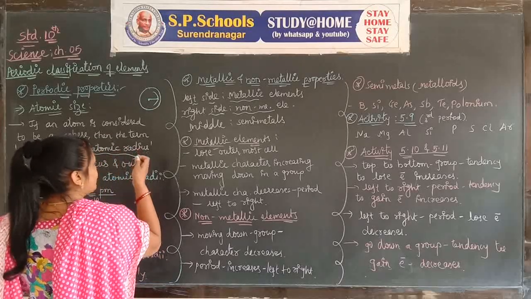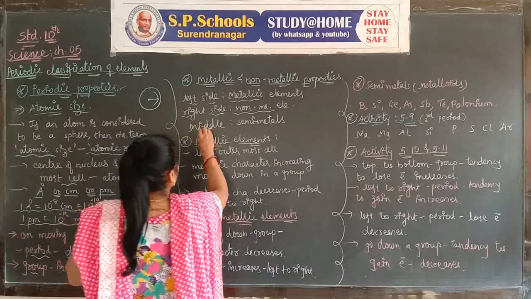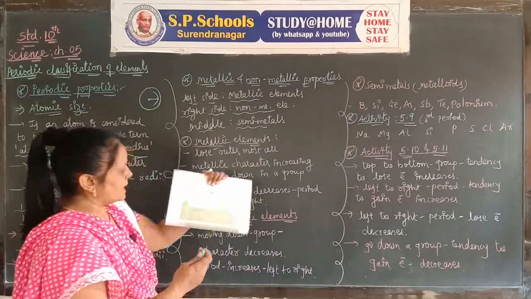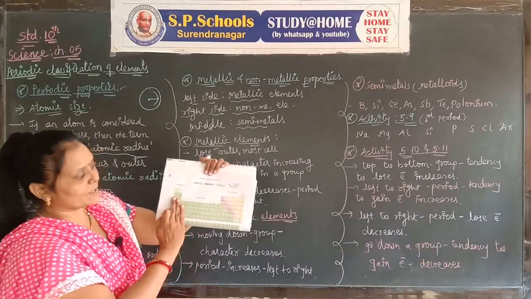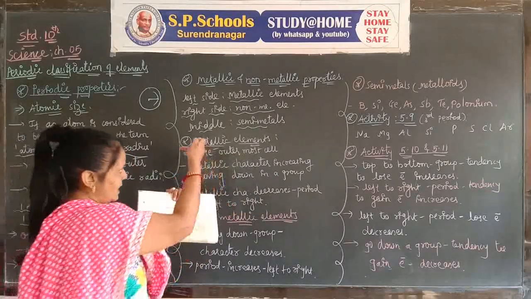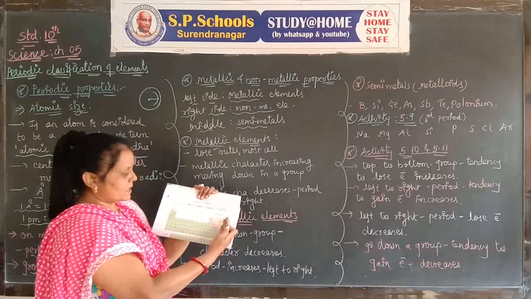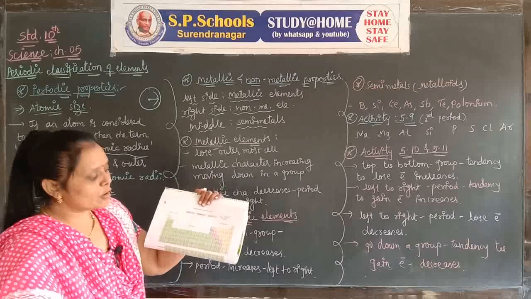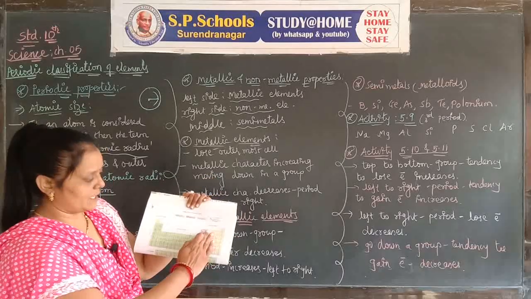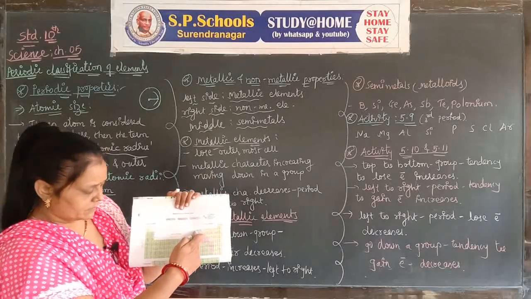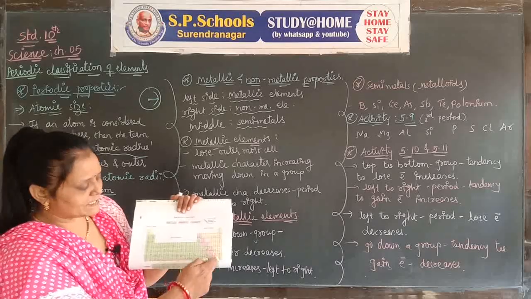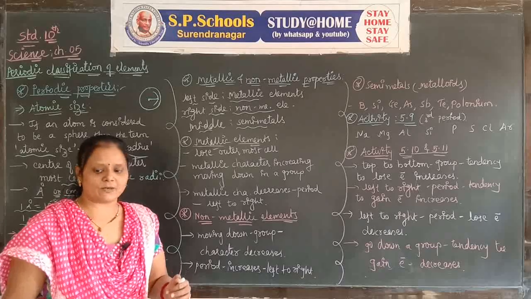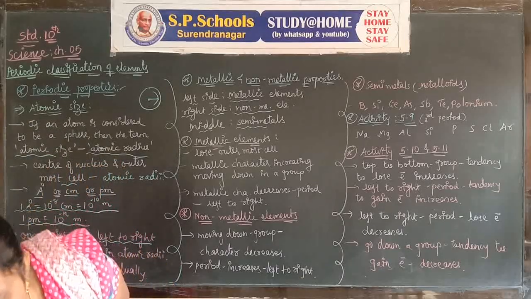Between the metallic and non-metallic elements, in the middle, semi-metals occur. The zigzag line separates them; semi-metals separate metal elements and non-metal elements.